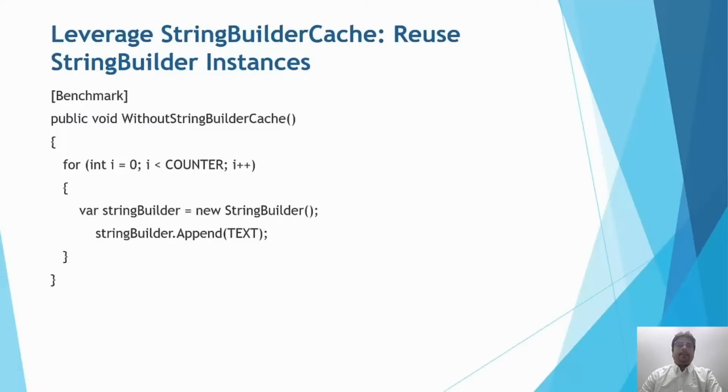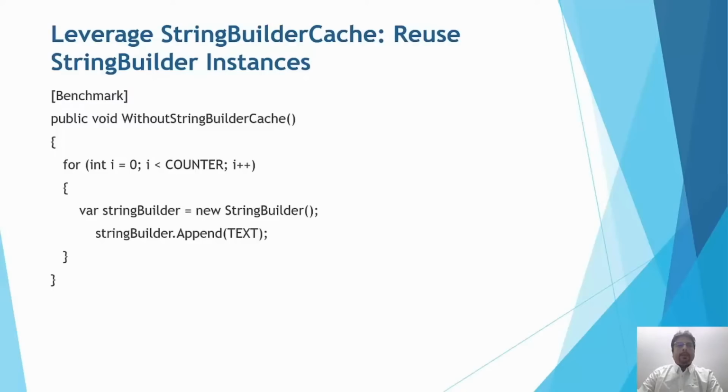The StringBuilderCache is a class that you can use to store instances of the string builder. You can cache it for later use. So that means if your application requires the instance multiple times, you don't have to create the instance of the string builder so many times.